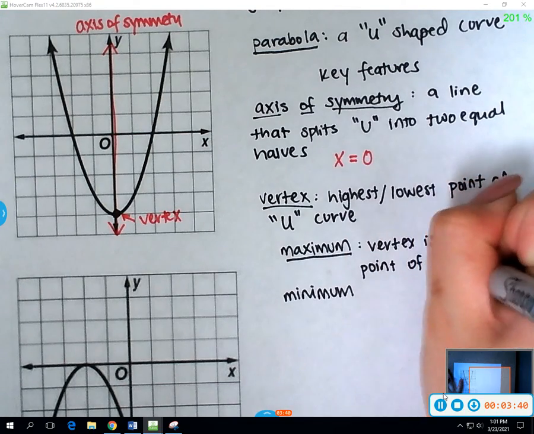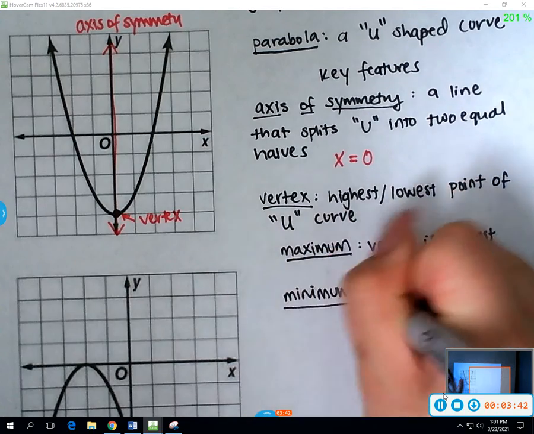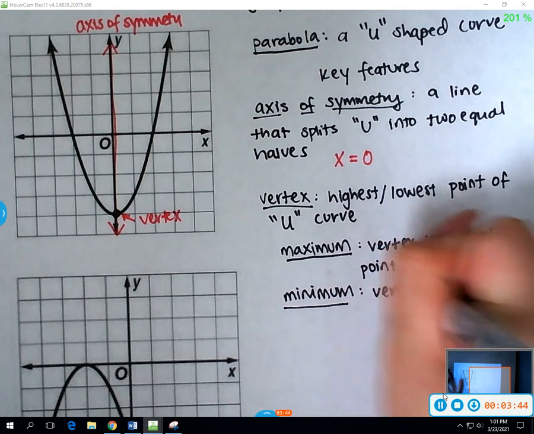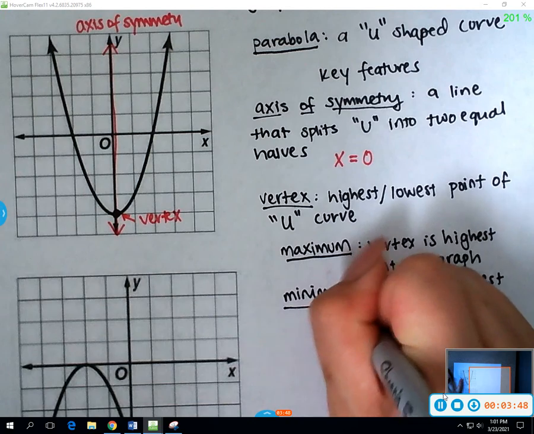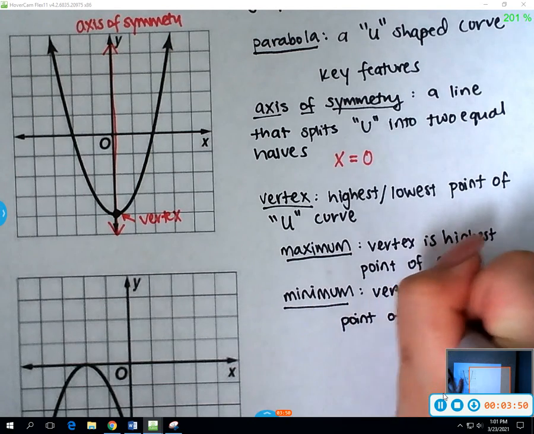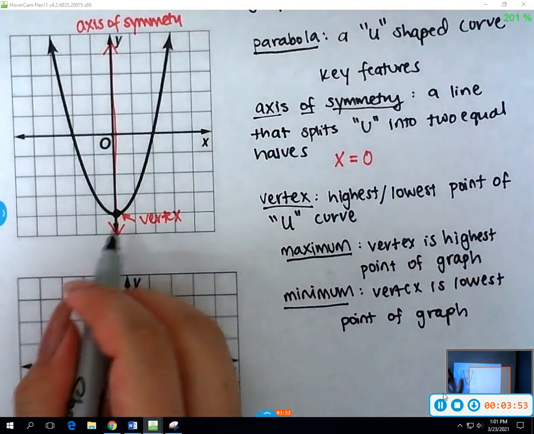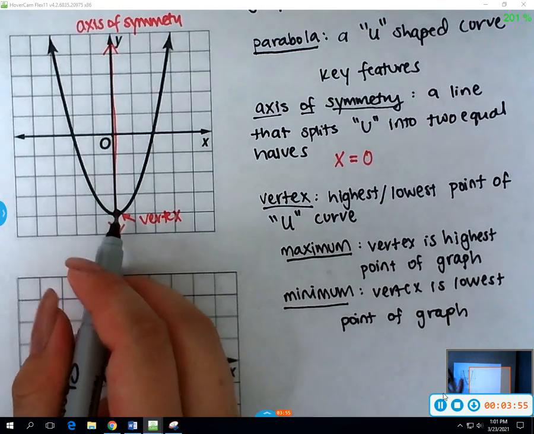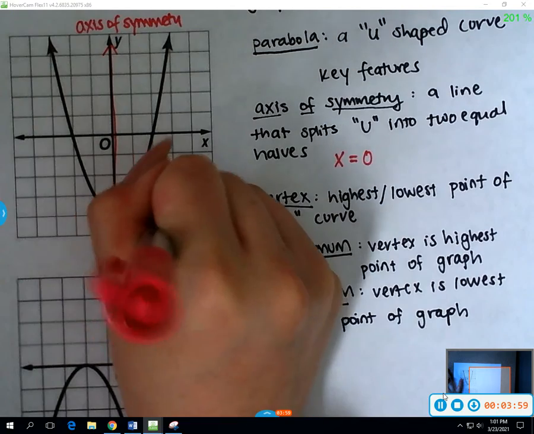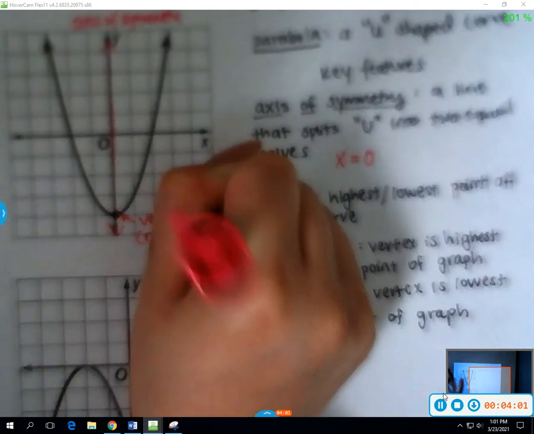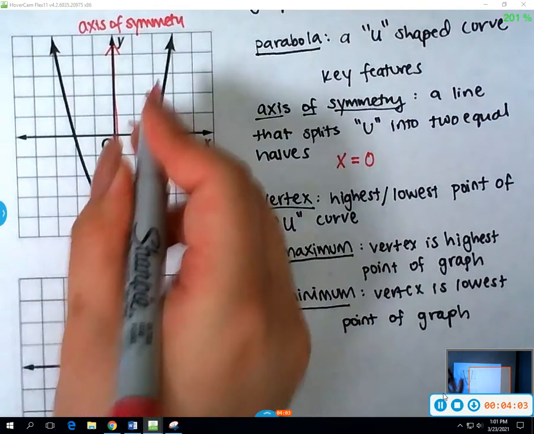And a minimum means that our vertex is the lowest point of the graph. So looking at this example, our vertex is at the lowest point. So this would be a minimum because it's at the bottom of our U-shaped curve.